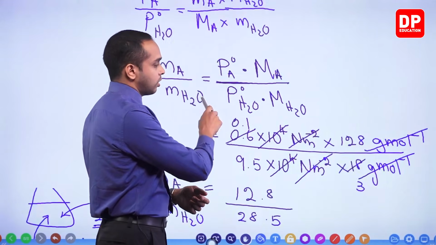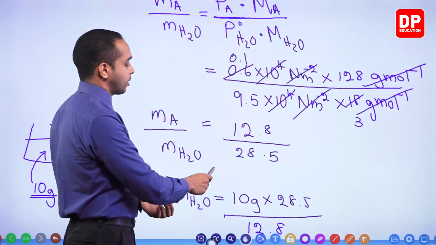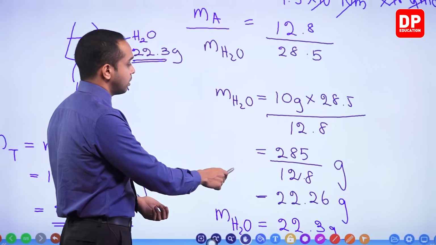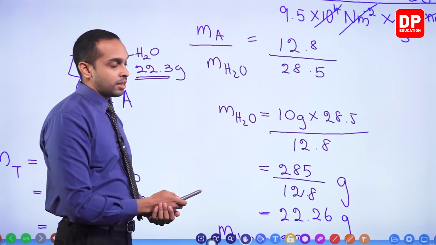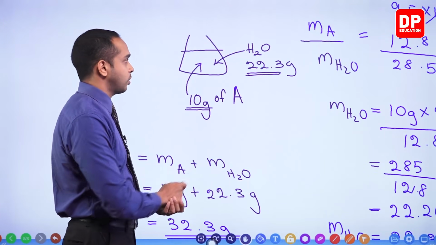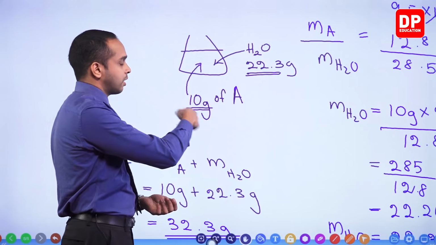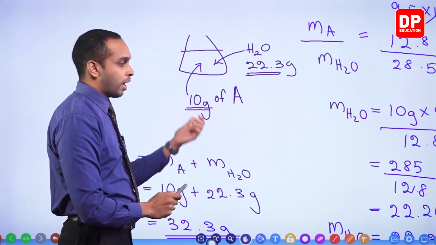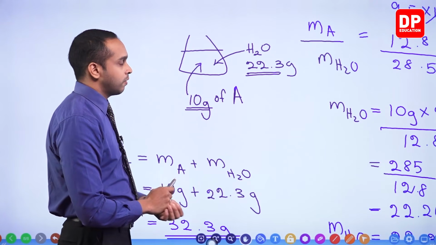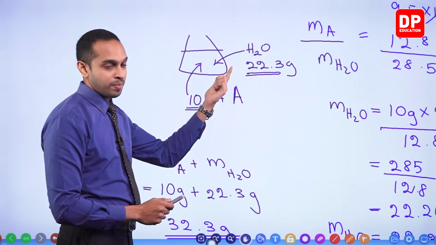So based on these findings, we were able to finally calculate the mass of water in a distillate that contains 10 grams of A. So in this distillate, they say there are 10 grams of A. Using the relationship we have obtained, we can calculate the mass of water found in the same distillate.